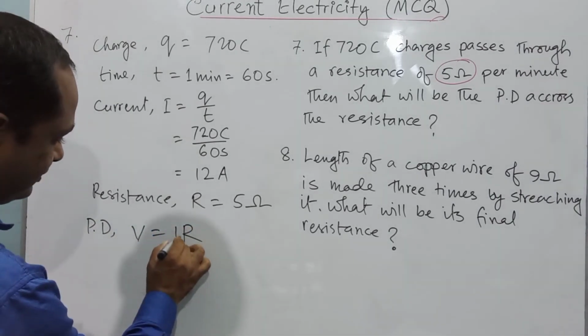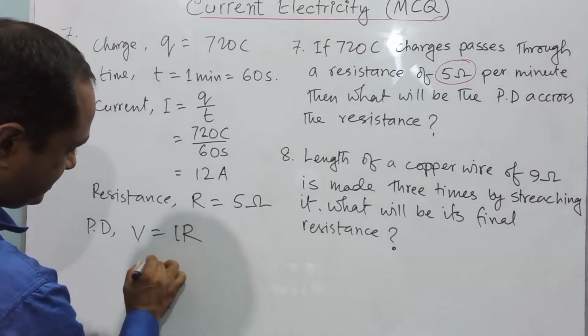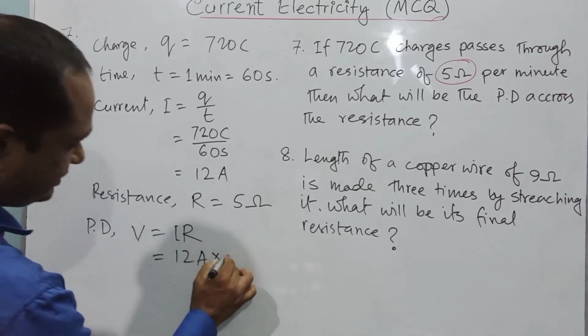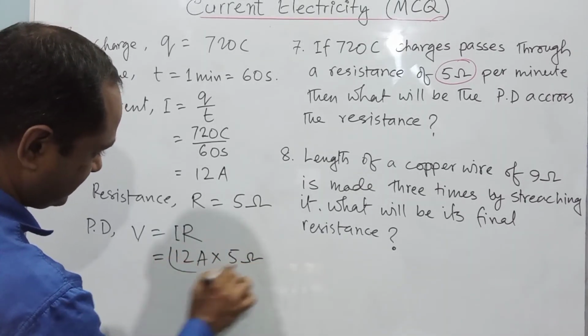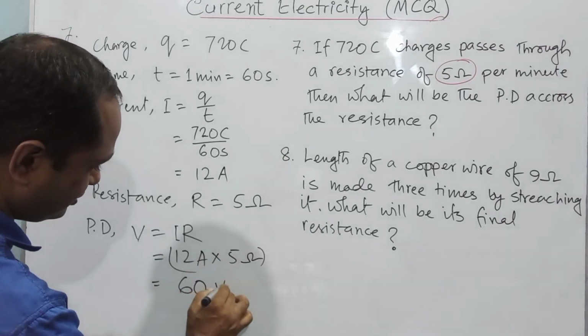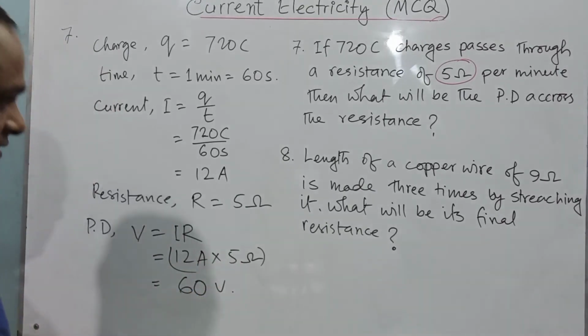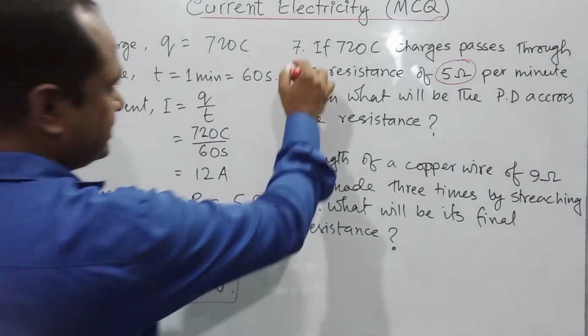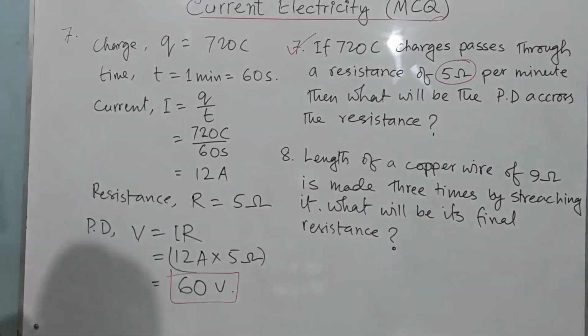So using the values of I and R, I means 12 ampere and R means 5 ohm. So the final result will be 60 volt. So this is our final result for question 7.